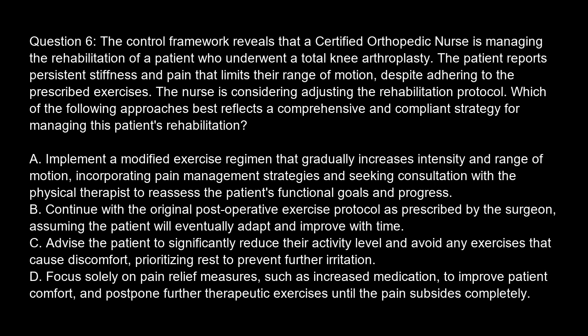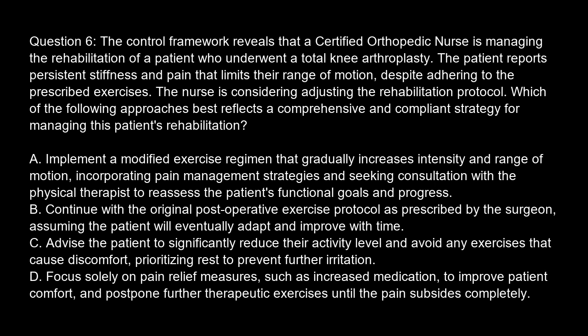Option A. Implement a modified exercise regimen that gradually increases intensity and range of motion, incorporating pain management strategies and seeking consultation with the physical therapist to reassess the patient's functional goals and progress. Option B. Continue with the original postoperative exercise protocol as prescribed by the surgeon, assuming the patient will eventually adapt and improve with time.